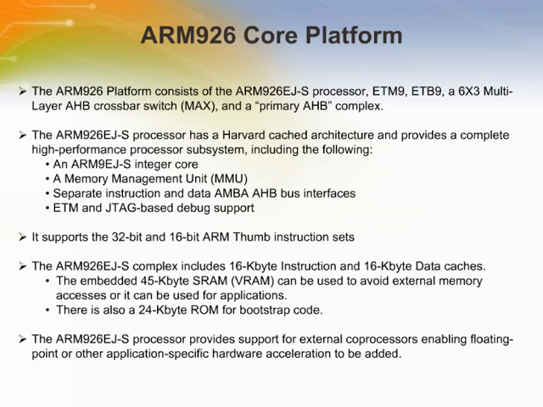The ARM926EJ-S is a Harvard cached architecture including an ARM9EJ-S integer core, a memory management unit, separate instruction and data AMBA AHB interfaces, separate instruction and data caches, and separate instruction and data tightly coupled memory interfaces.